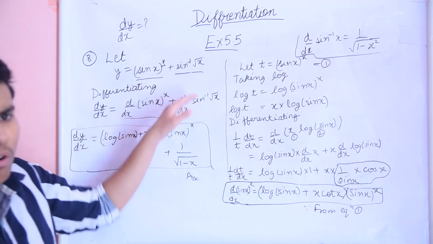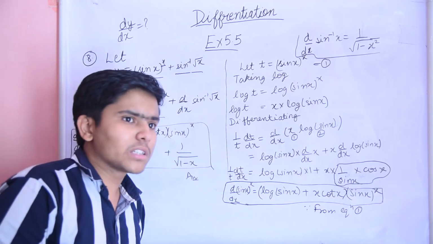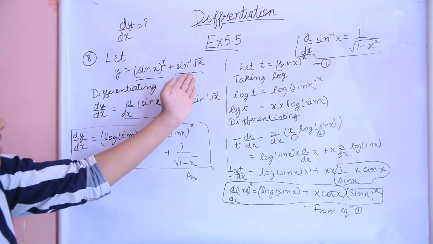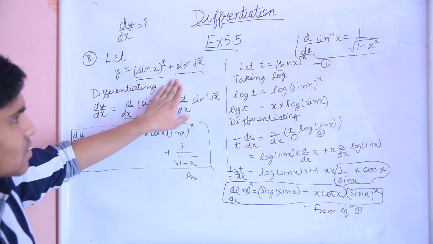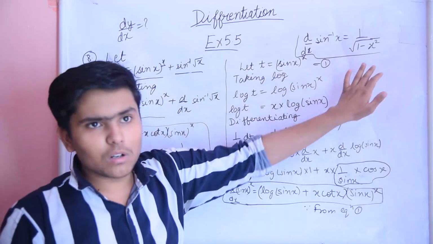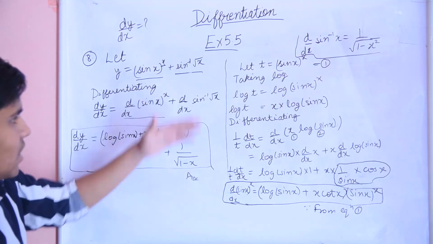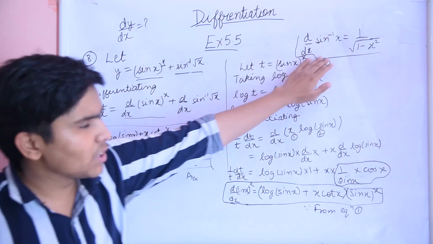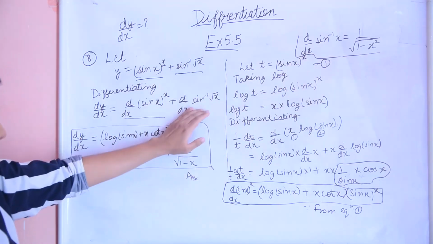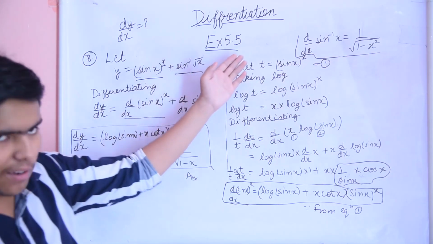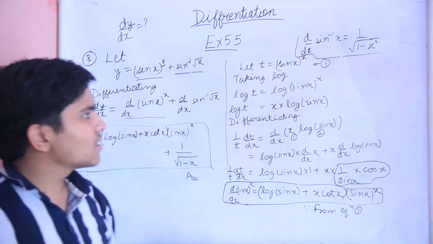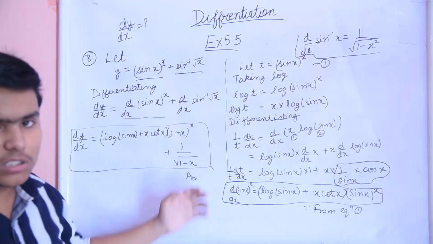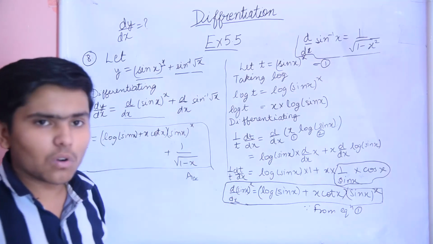And if you already know the standard formula, that is, in this case we know the differentiation of sin inverse x, which is 1 upon under root 1 minus x square, we will be directly using that identity. And then if you have a function like this, you have to follow these steps in this sequence only.